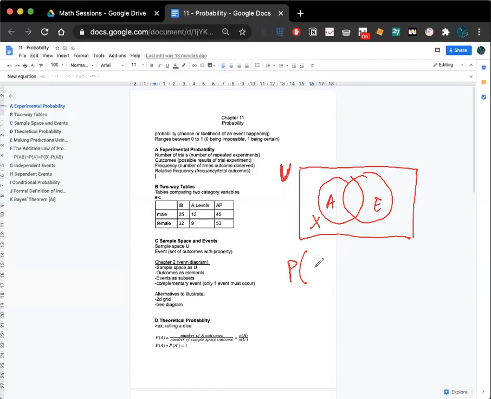The outcome of X only would equal A. So this outcome is an element.